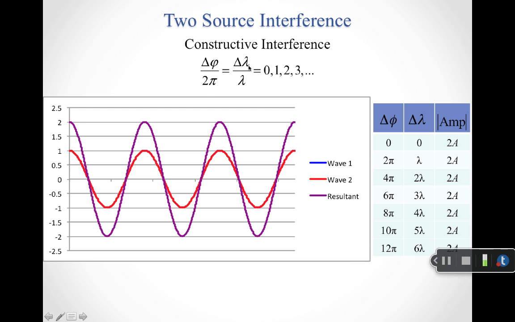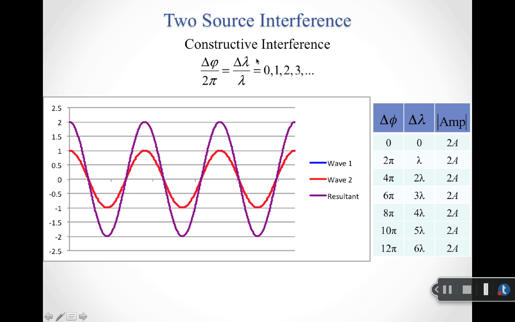Or if it travels 2 full wavelengths or 3 full wavelengths. So as long as the wave from one source travels an integer value of wavelengths longer than the other, then they're lined back up again, they're in phase, and I have constructive interference. So here you can see what that means is this ratio is just going to be integer numbers.